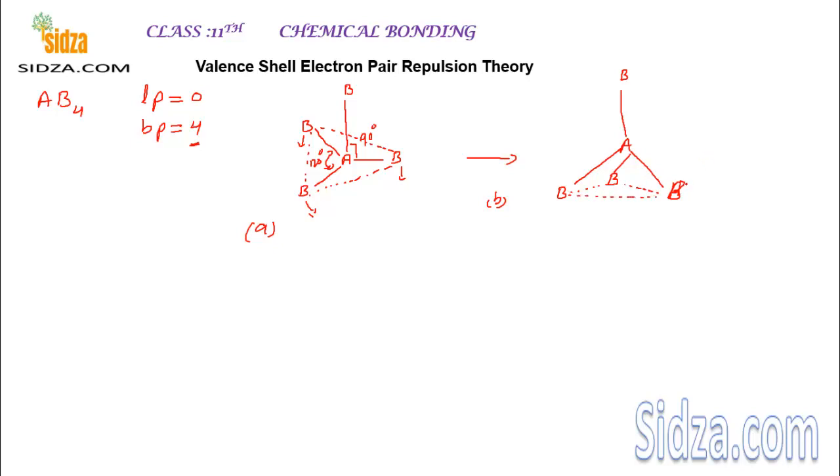Actually I have pushed them down, and once I push them down, the bond angle between these atoms here decreases. Initially it was 120 degree here, but now it will decrease, and here it was a 90 degree bond angle, but now it will increase. That means the angle now in this shape will be somewhere between 90 and 120 degree.